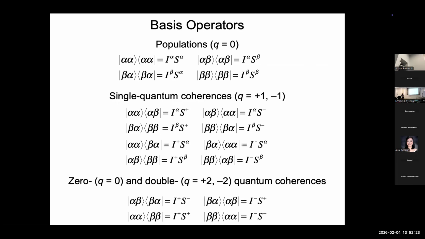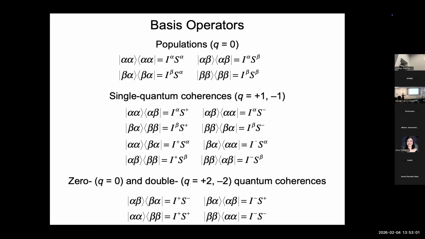And then there are so-called zero and double quantum coherences, in which the sum of the up and down is either 0 or 2 or -2. So for example, the ket alpha beta acting on the bra beta alpha, the I spin goes from beta to alpha, and the S spin goes from alpha to beta. All right, going from right to left.